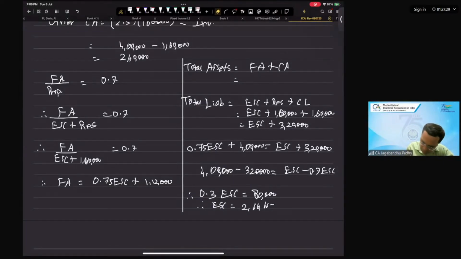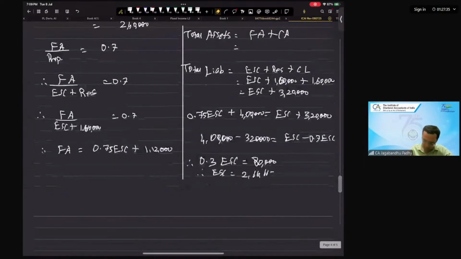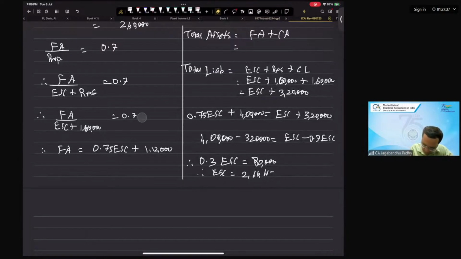Okay, why is it not working? 0.75. If it is 0.75, I need to change this. This is going to be 0.75 equity share capital plus 1,20,000.